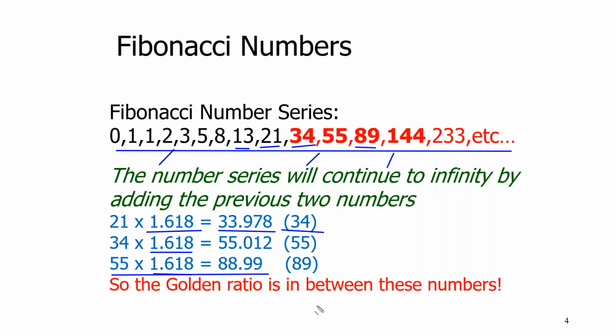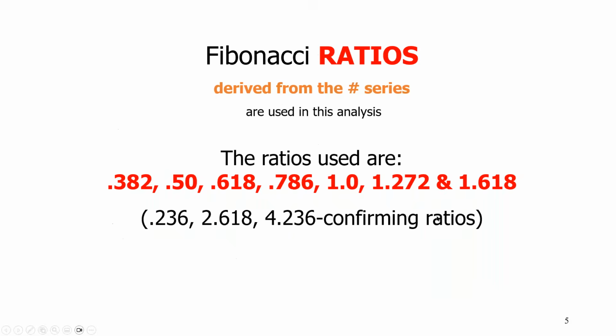We're not actually going to use the number series for this work. We're going to use the ratios derived from the number series, okay? Now, the ones that we use every day, basically, are 0.382, 50%, 0.618, 0.786, 100%, 1.272, and 1.618. And for very, very large swings, we may also use 0.236.